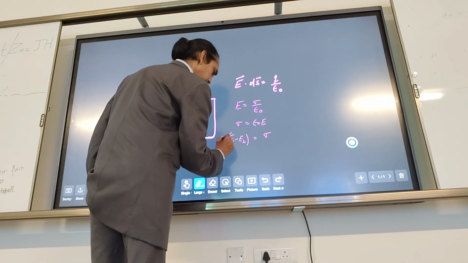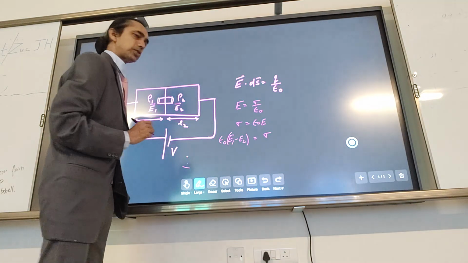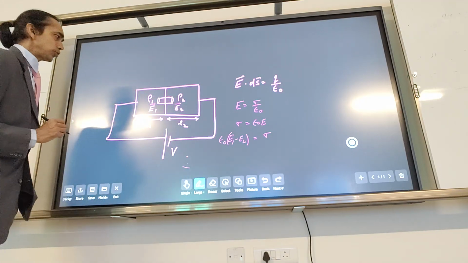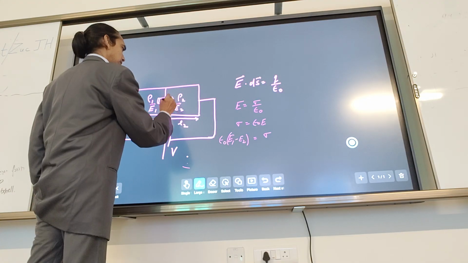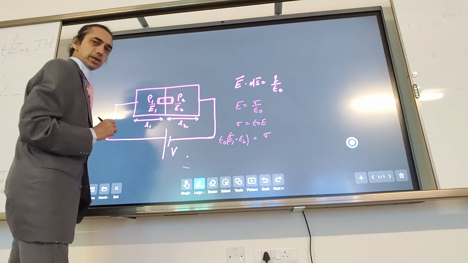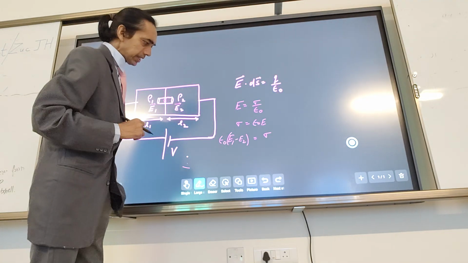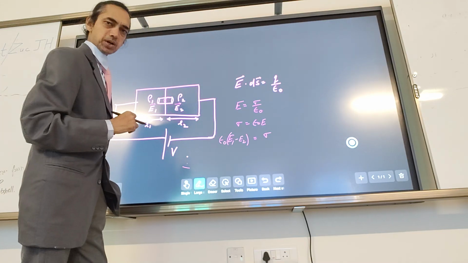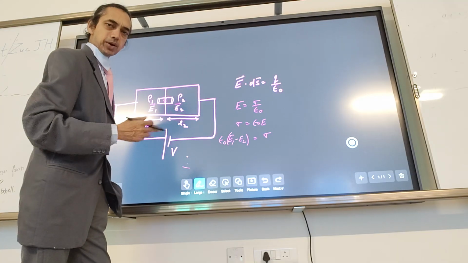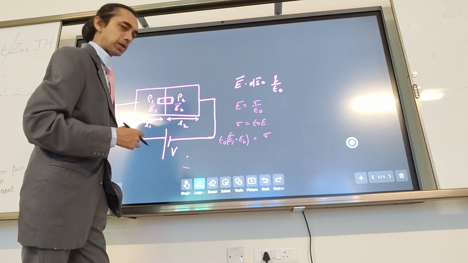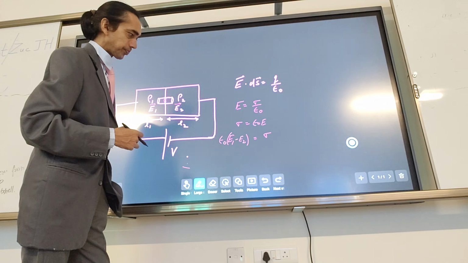This is the charge accumulated over here. Then the charge will be sigma delta S, which is epsilon naught times E1 minus E2 times delta S. That is what we get to see.